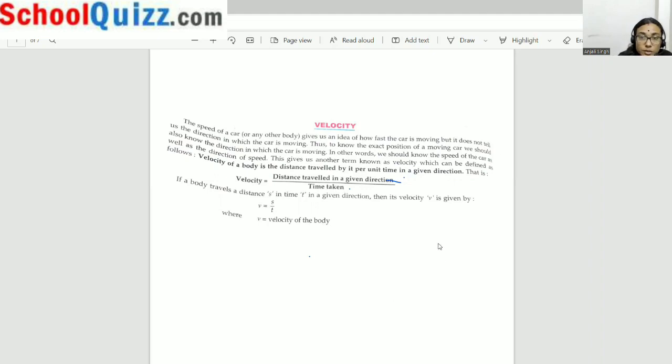Velocity is equal to displacement upon time. The SI unit of displacement is meter and the SI unit of time is second, so the SI unit of velocity will be meter per second. Clear, everyone?